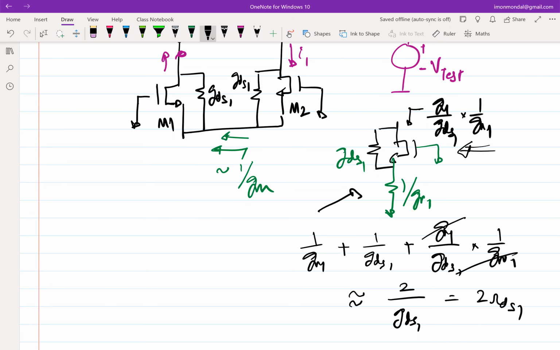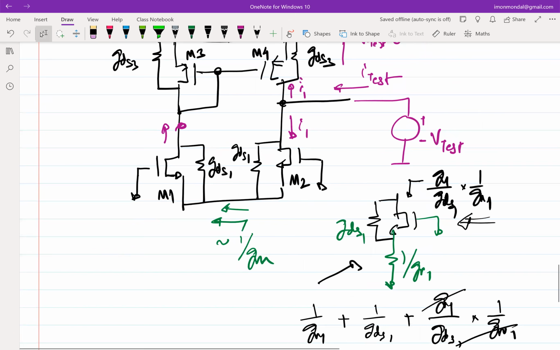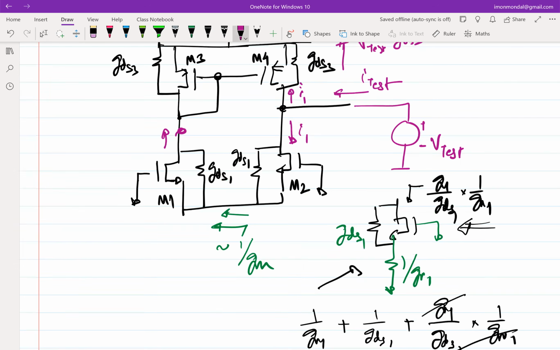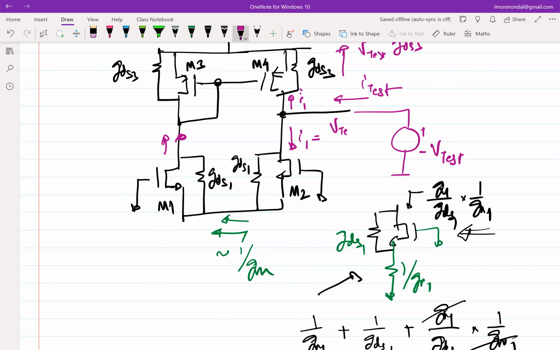So this becomes 2RDS1. So the looking-in impedance through I1 is 2RDS1, or in other words, the current I1 is essentially V test by 2RDS1. Do you agree? Fine? Okay.